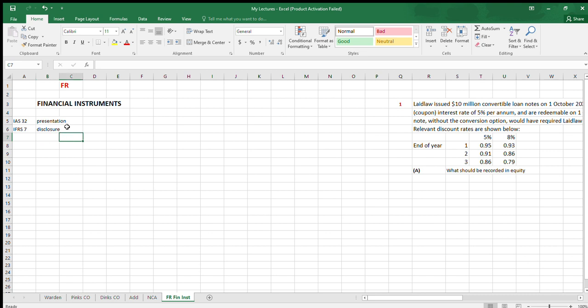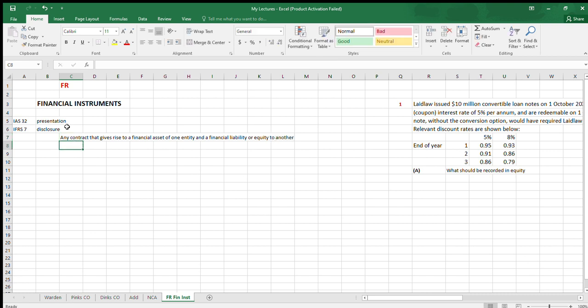Now, when we talk of financial instruments, it is any contract that gives rise to a financial asset of one entity and a financial liability or equity to another entity.